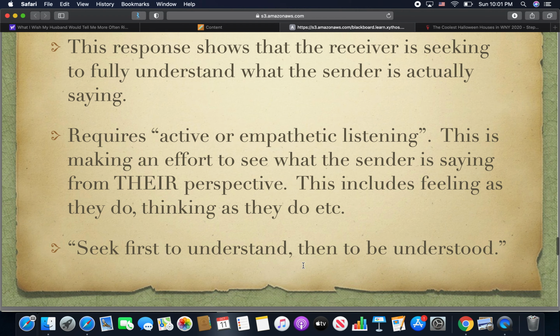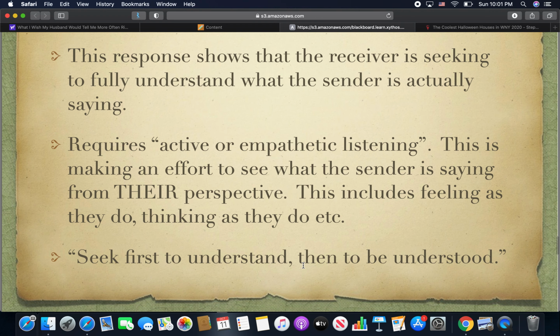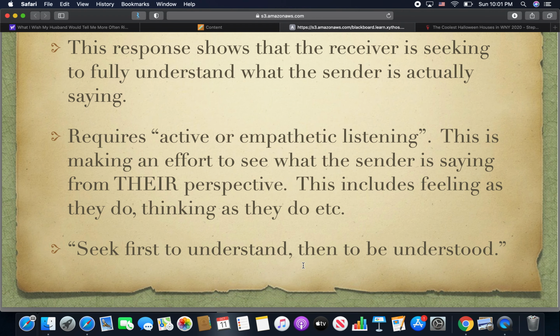Empathetic listening or active listening is a skill that takes time and patience, and it's something I really, really recommend all of you focus on and try to do more often, especially if there's somebody in your life that's important to you, that you care about, that you tend to argue with a lot or get into disagreements with a lot. The next time you start having a disagreement with that person, try taking a step back and seeing it from their point of view.